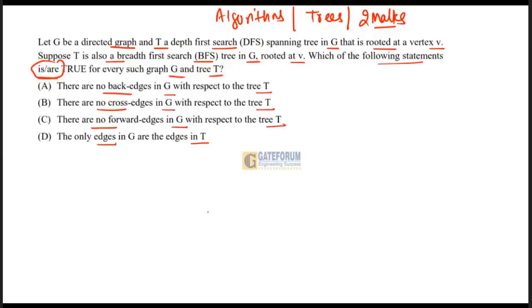So I need to first make a graph which will satisfy the question.